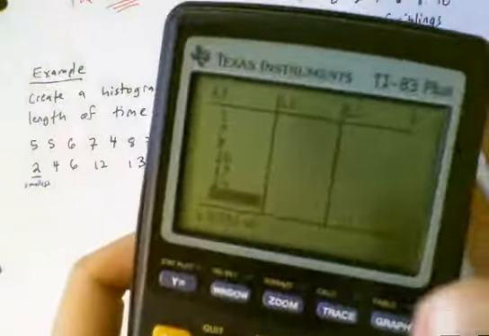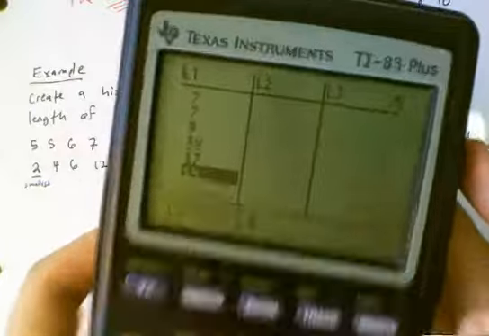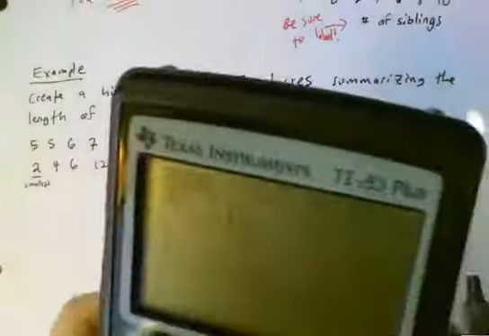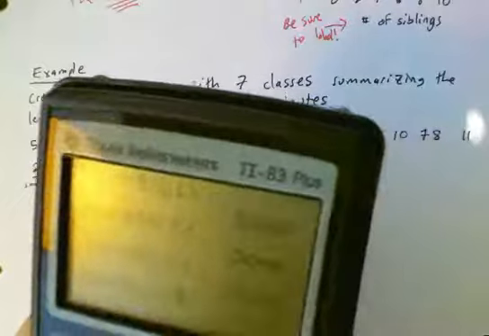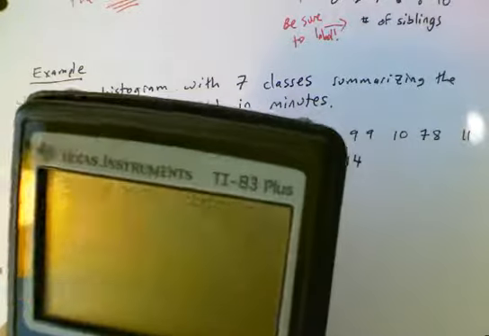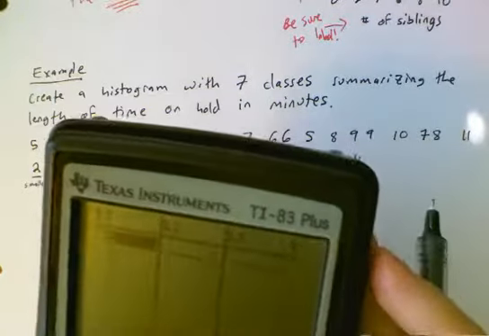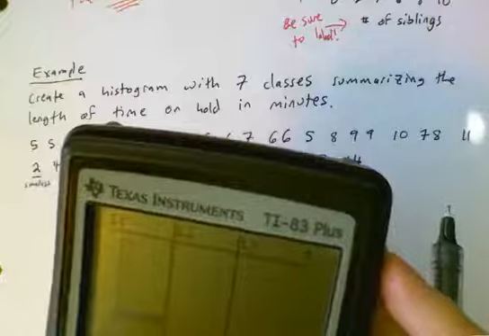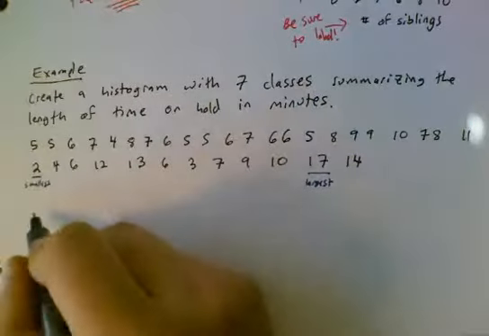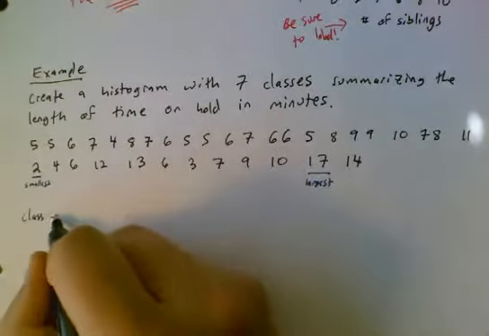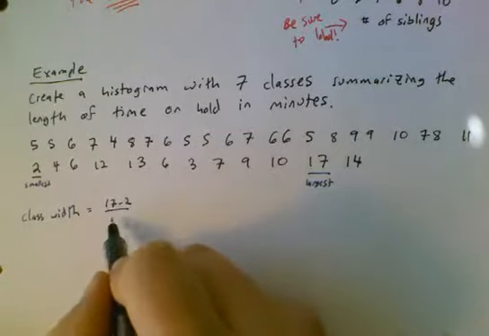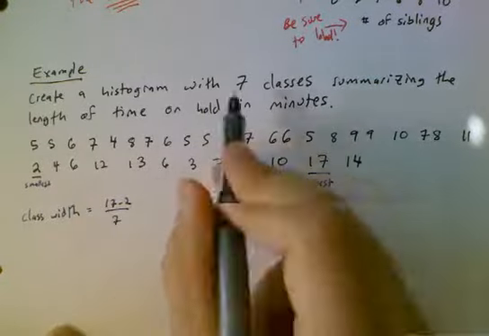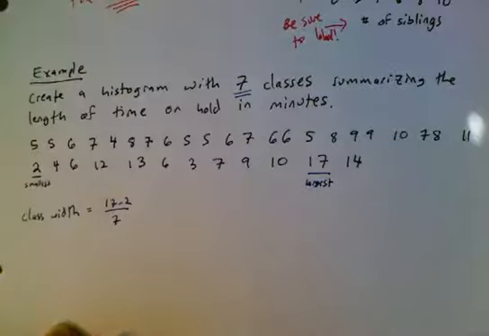Okay, got 34 values in there. I do my usual stat, sort, L1, and go back. Okay, 2 is the smallest, 17 is the largest. So the class width is 17 minus 2 divided by 7.